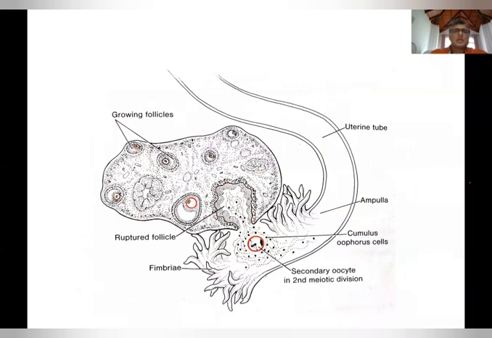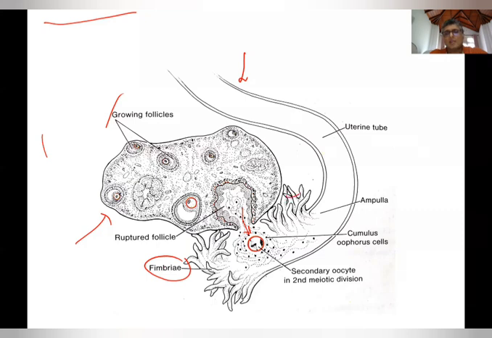Now this is actually a fallopian tube. The uterus must have been here, a large uterus. And this is the ovary. Now this ovum that is released around day 14 is taken up by the fimbrial action of the fallopian tube.